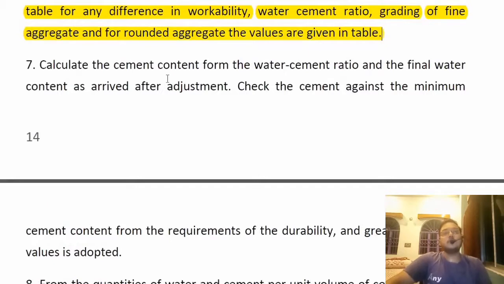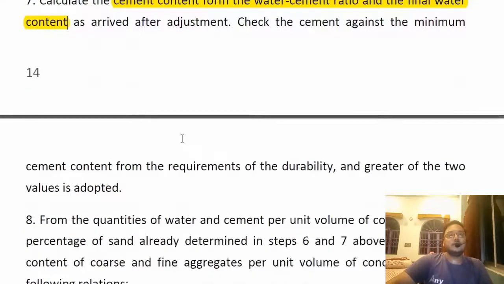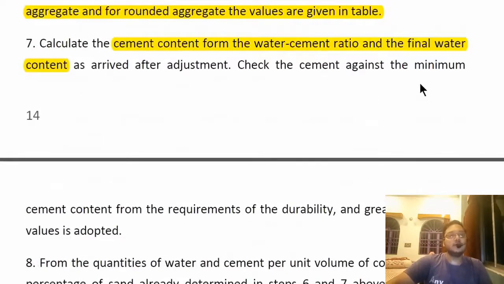Calculate the cement content from the water cement ratio and the final water content as arrived after the adjustment. So after the adjustment we will calculate the final cement content from the water cement ratio and the final water content.